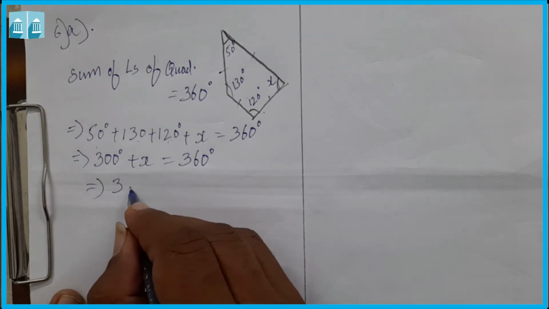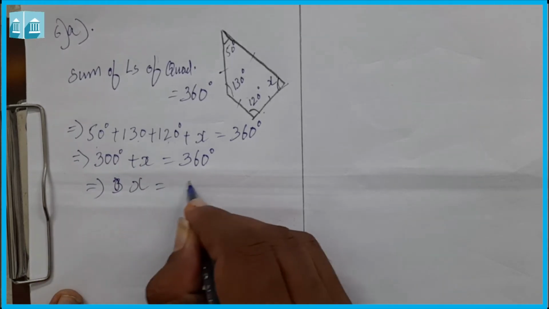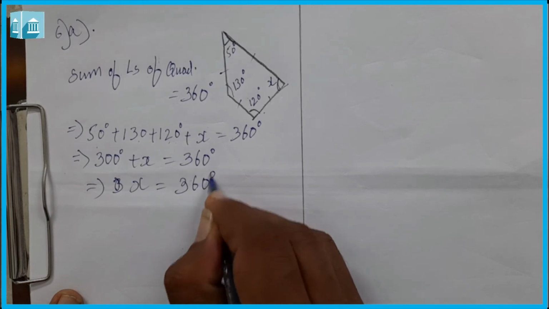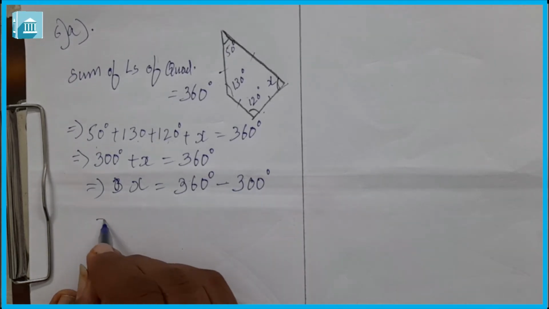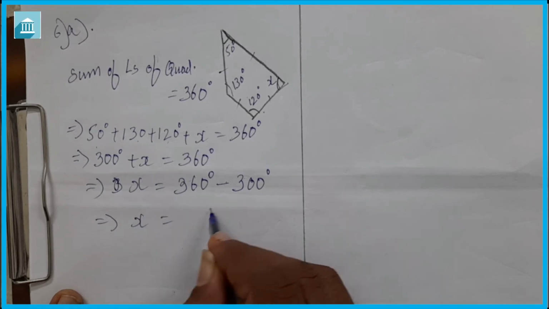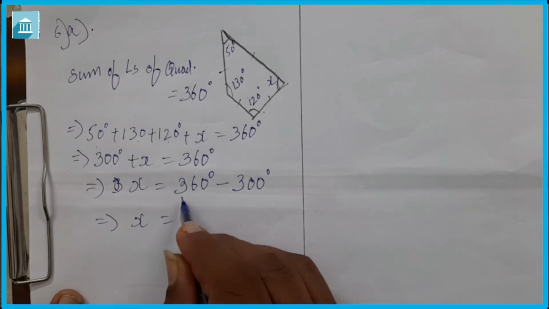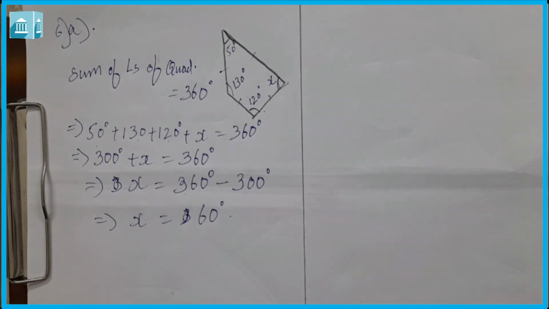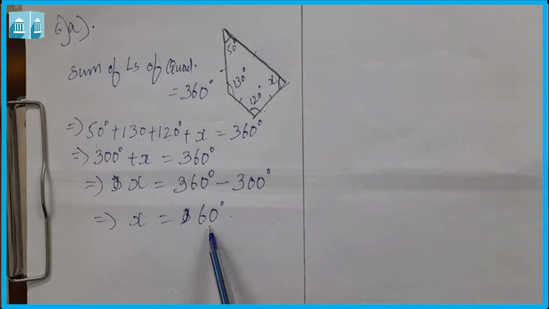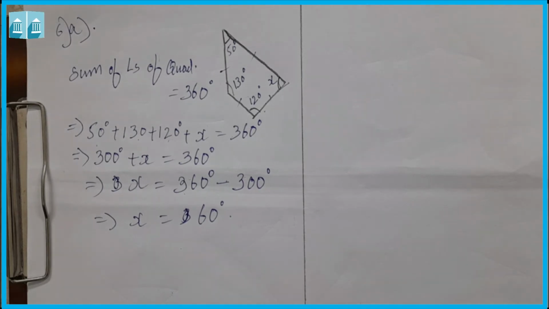So x is equal to 360 degrees minus 300, that is equal to 60 degrees. So we get x is equal to 60 degrees.